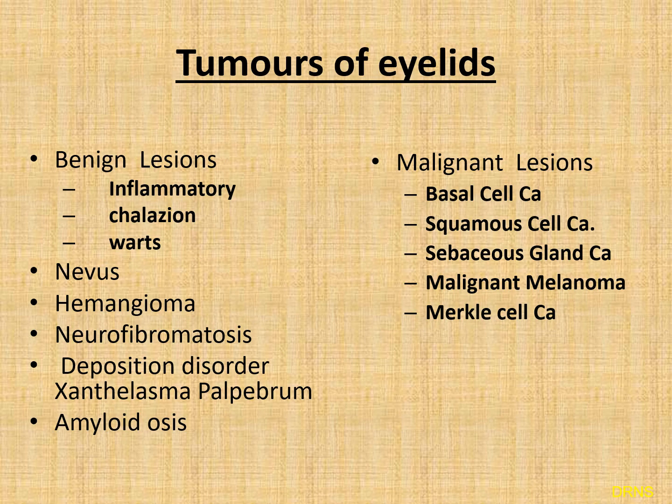Tumors of eyelid. They can be benign lesions or malignant lesions. Benign lesions like inflammatory, chalazion, warts, nevus, hemangioma, neurofibromatosis, deposition disorder, xanthelasma palpebrarum, amyloidosis.